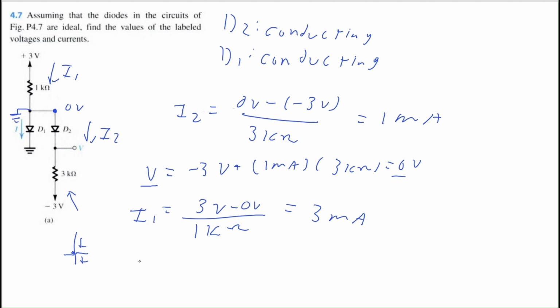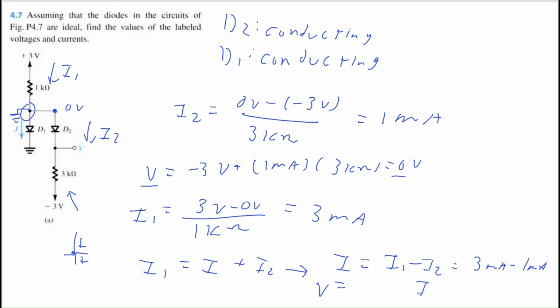So here we have I1 entering this node, and it needs to be equal to the two currents exiting the node, which are I and I2. Therefore, I is equal to I1 minus I2, which is equal to 3 milliamps minus 1 milliamp. So therefore, our current is 2 milliamps, and our voltage is 0 volts.